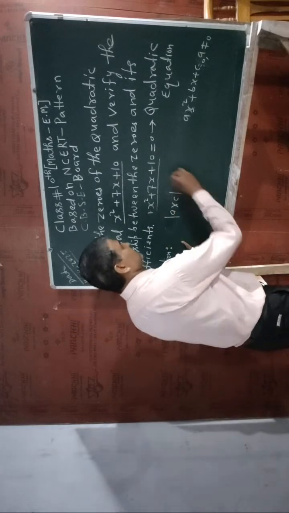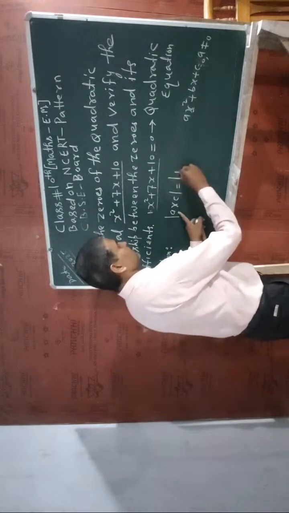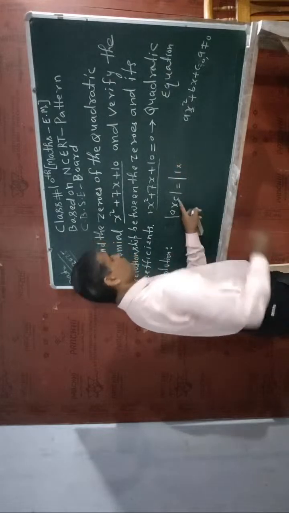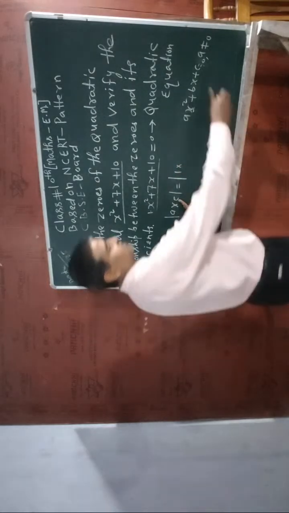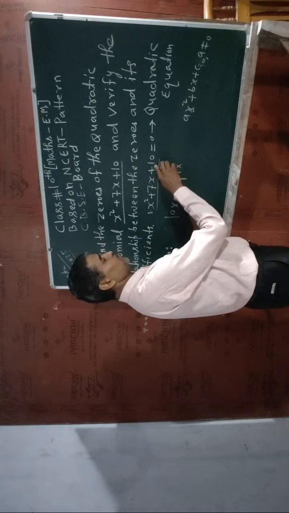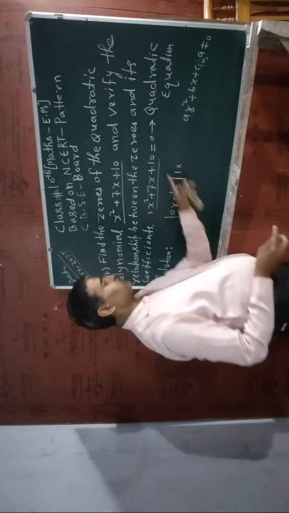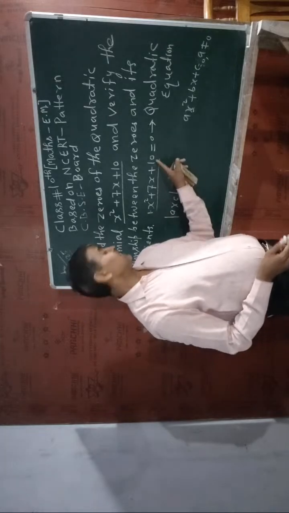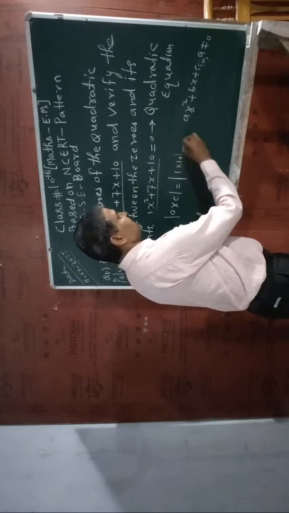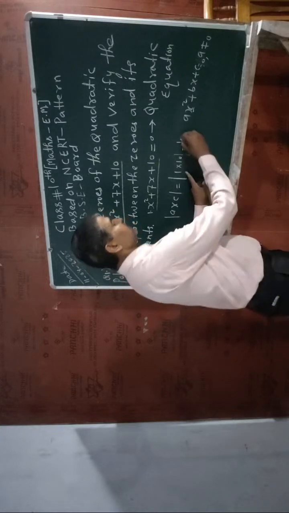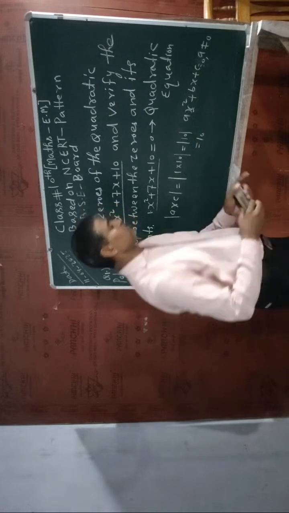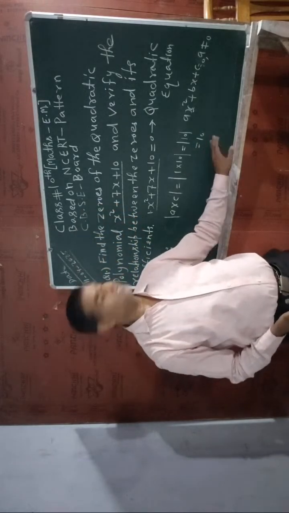So I will write mod of the coefficient of x square, which is 1, into c, the constant term. Here c is the constant term, and in the given quadratic equation I observe that at the place of the constant, 10 is given. So I will put here 10. It means that 10 into 1 will become 10. So 10. Now I will take the factors of this.